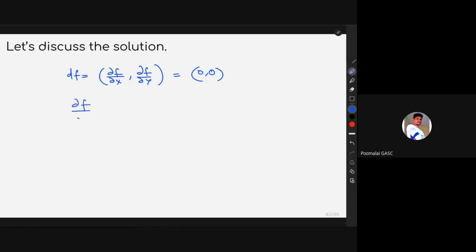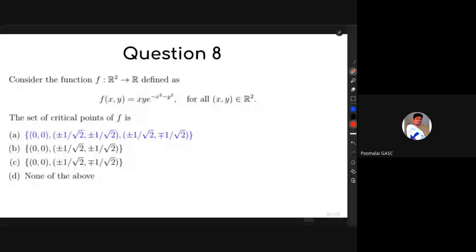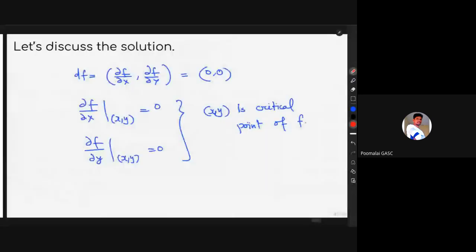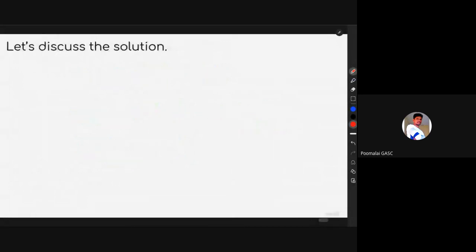So for some (x, y), if it is 0, then that (x, y) is a critical point of f. In this question also you need to solve for the partial differential of this function with respect to x and then with respect to y. Then you will get two equations, and then you need to find out the points (x, y) from those two equations.